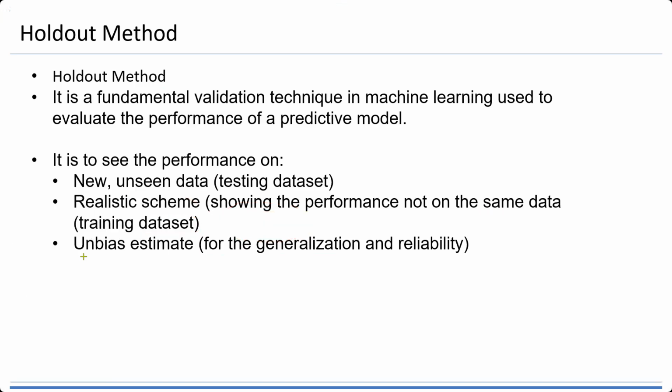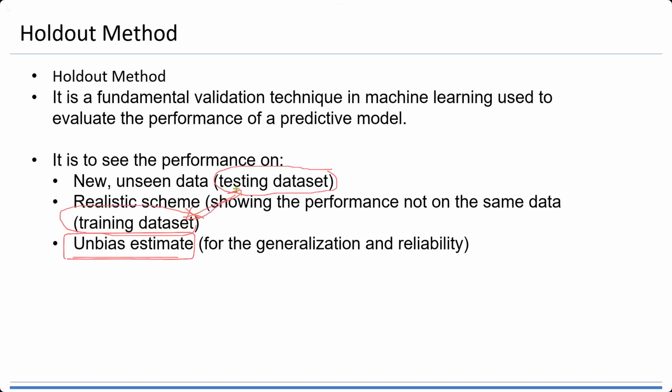This kind of performance improvement with the holdout method, we say it is for the unbiased estimate. Unbiased means we split the training and the testing, so the two data sets are totally different.